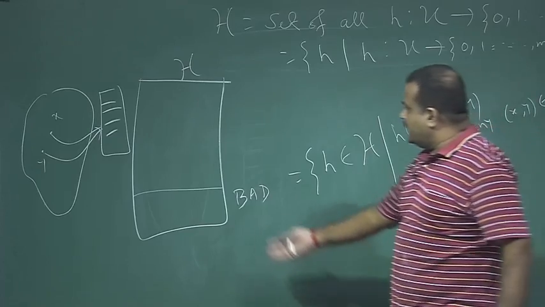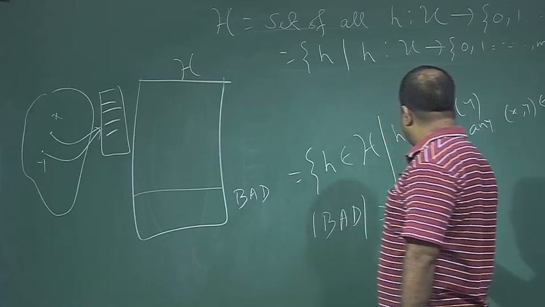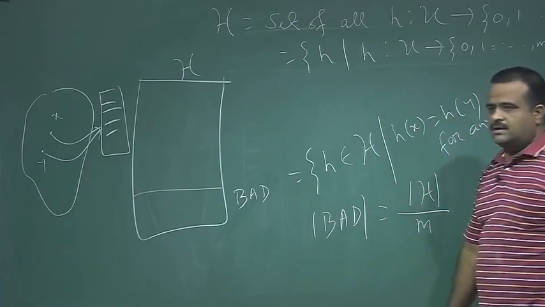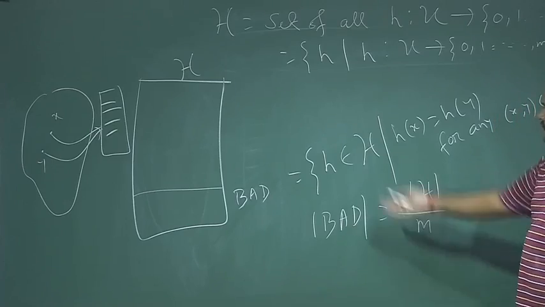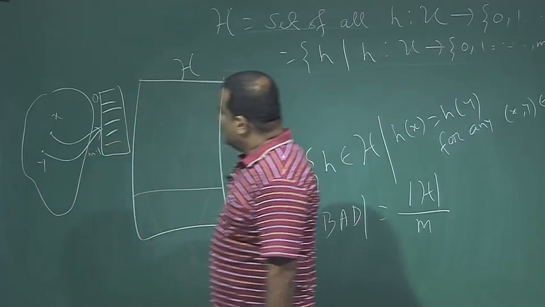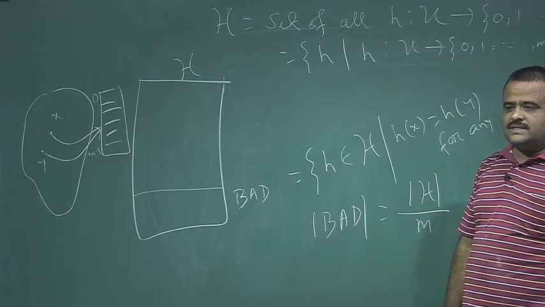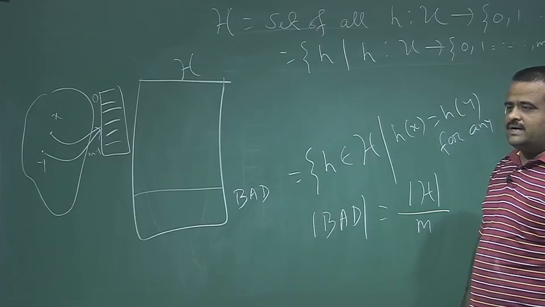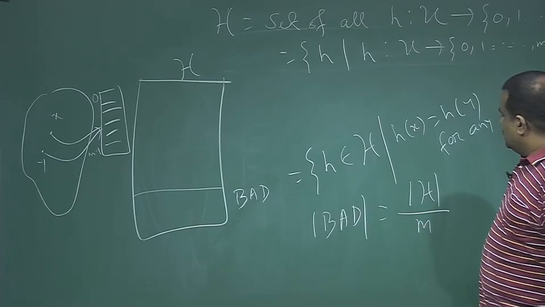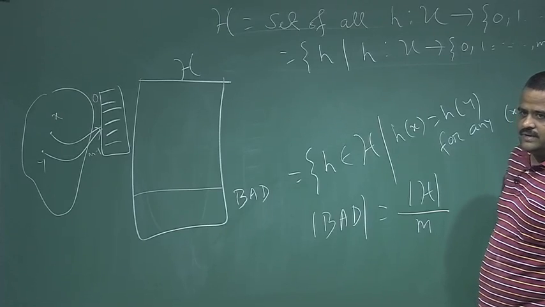Now, if the cardinality, or size, of this bad portion is the size of the total by m, where m is the number of slots, 0 to m minus 1, so a 1 by m fraction of the total set is bad, then we call this collection a universal collection of hash functions.